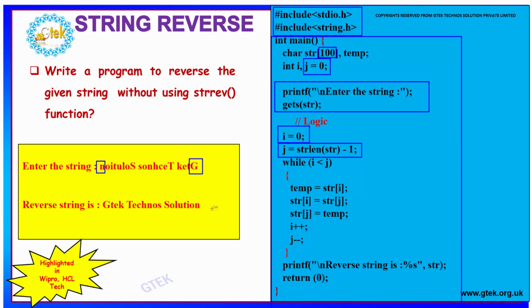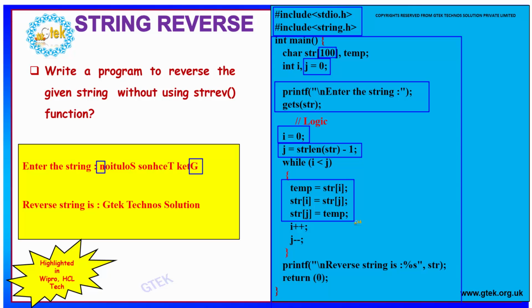And we are storing it in the temp, that is your ith position is stored in temp, followed by your jth position is assigned to your ith position, and your temp value, that is your n, is stored into jth position of your array. So that makes g to come over here and n to come over here. A simple swapping logic is applied over here.